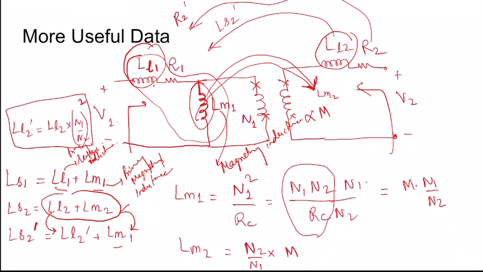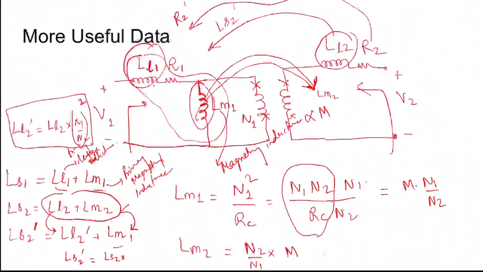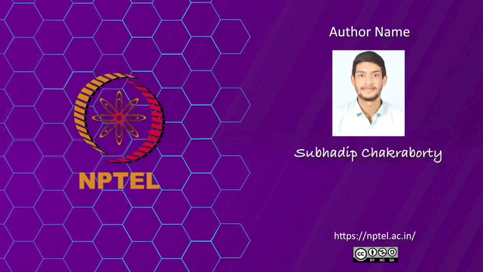So LS2 dash equals 30 into, since we are transferring it to primary, 2 by 1 whole square, which is 120 millihenry. LM1 is 40, so LL2 dash equals 80 millihenry, and also LL1 equals 5 millihenry. So 5, 80 and 40 is the answer. So option B is the correct answer. Thank you.